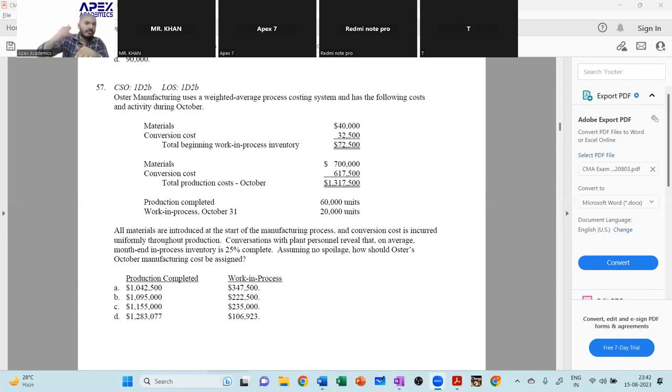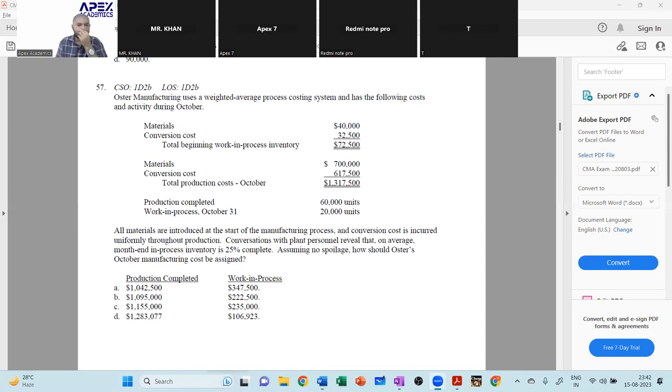It shows that all the materials are ready, and overheads will be incurred slowly but steadily. Conversations with the plant personnel have revealed that on an average, the month-end work in process inventory is approximately 25% completed. Fair enough. Assuming that there is no spoilage, how much should Oster's October manufacturing cost be for production that is completed and for whatever is work in progress?